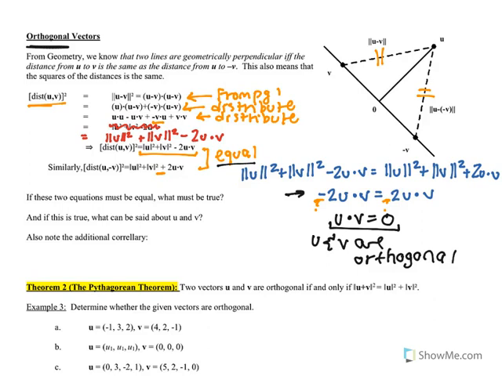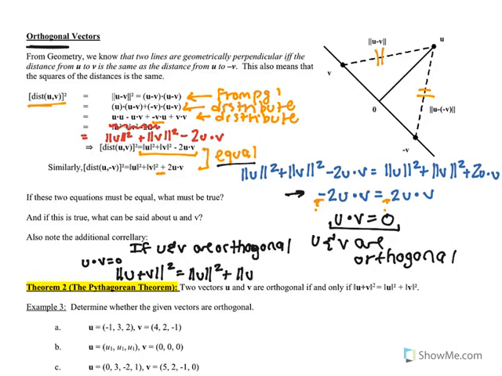All right, one other thing though. If u and v are orthogonal, then our formulas from earlier get a little bit simpler. u dotted with v is equal to 0, which means that the distance between u and v, so magnitude u minus v or u plus v, it doesn't really matter, I'm going to go with u plus v, that would be like u minus negative v, is equal to magnitude u squared plus magnitude v squared.